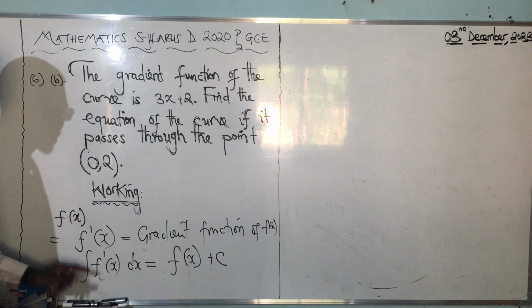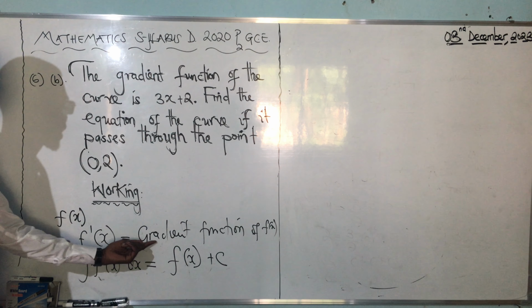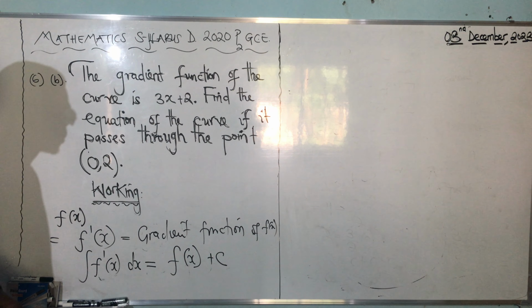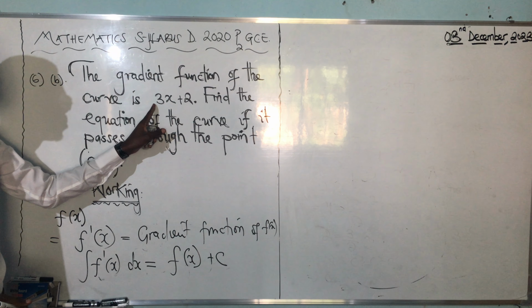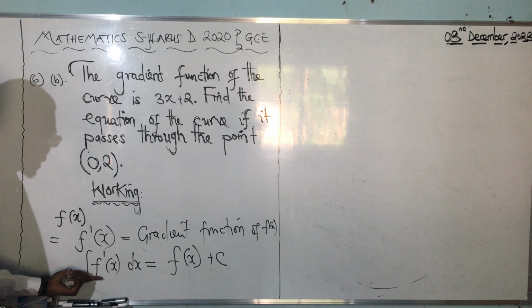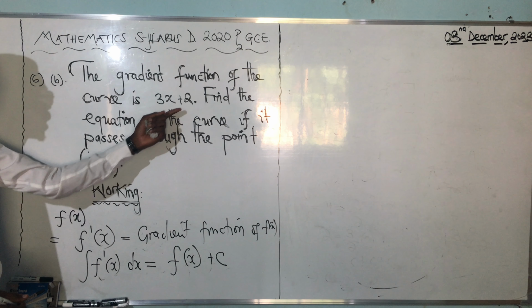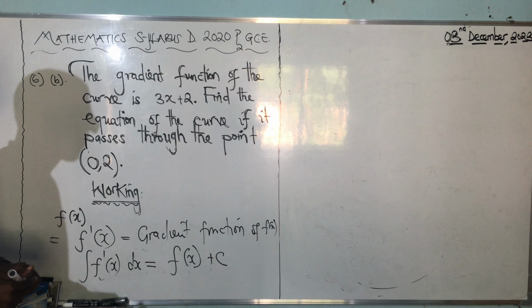We use integration to get the given function when the gradient function is given to you. In this question, the gradient function of the curve is 3x plus 2, so we integrate this with respect to x.